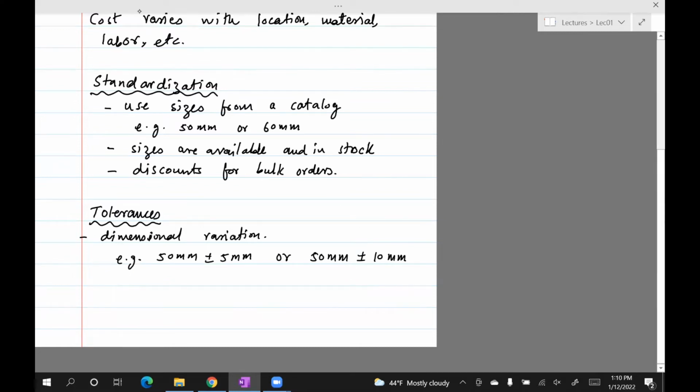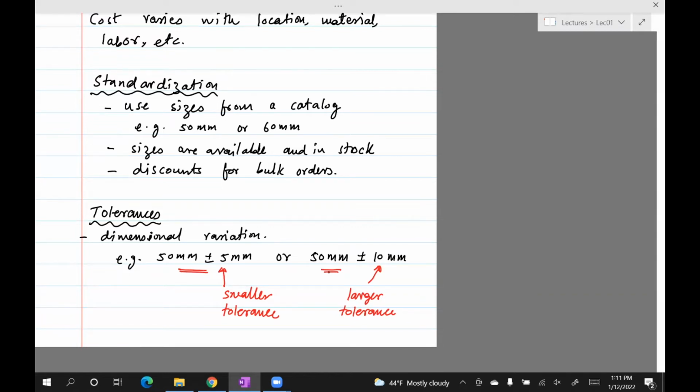What you can see here is that this has a larger tolerance than the first one. In other words, the first shaft is much more precise than the second one. It turns out that the more precise you want to make an object, the more expensive it gets.